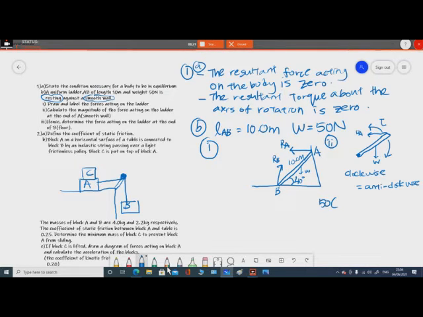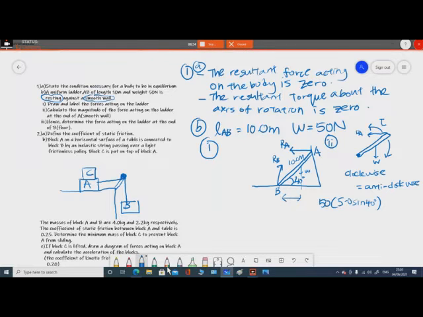So the perpendicular distance for the weight from B to the weight here is actually 5, okay, 5.0 sine 40.